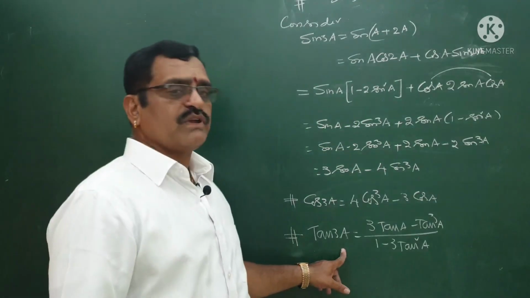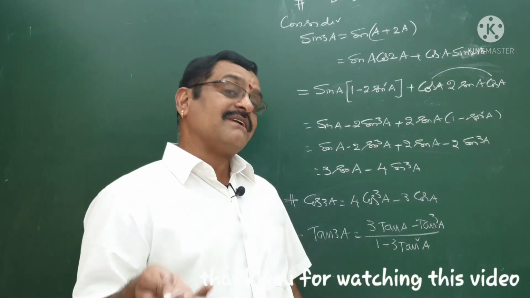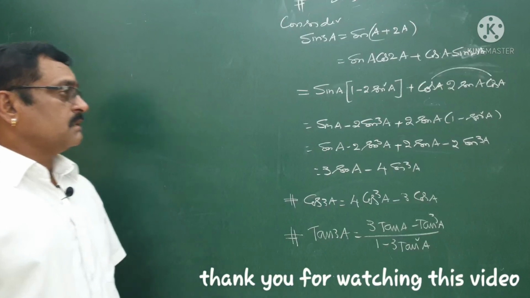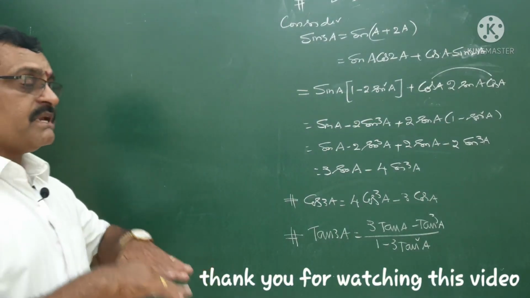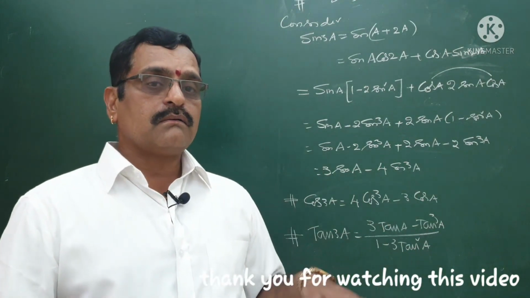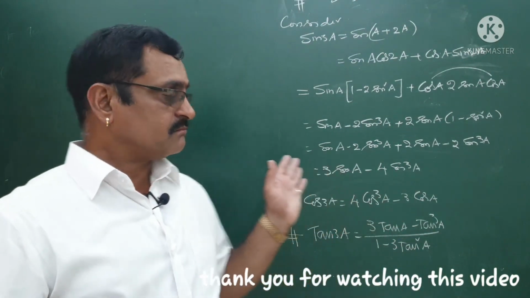Write 3A as 2A plus A, go for tan of A plus B formula, then replace tan 2A, you get this expression. So we completed the derivations of all multiple submultiple related identities. Please take it.